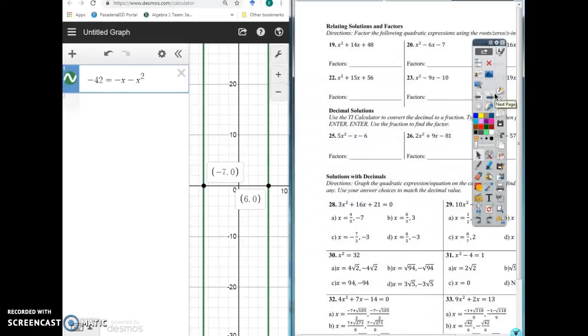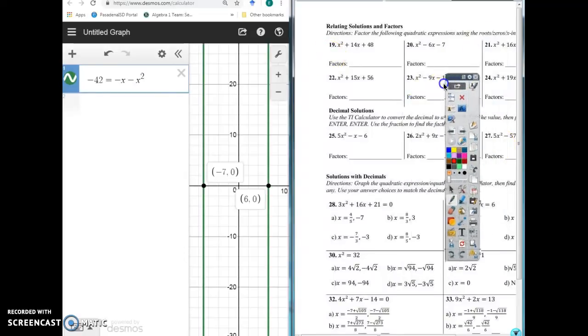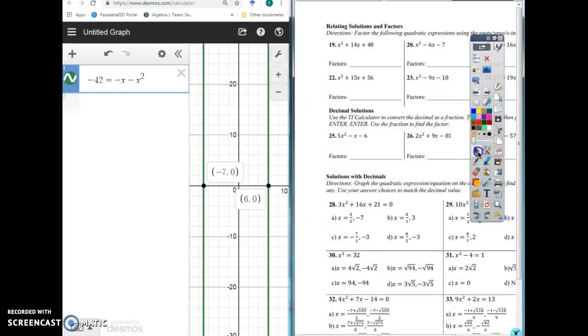On the back page, now they're asking for factors. So from problem 19 all the way to 27, it's asking for the factors. We're just going to type it in here.